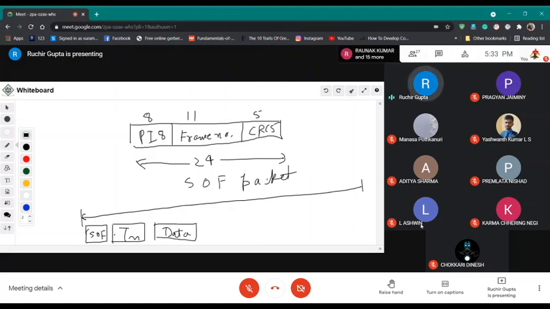Then there will be a token, and then there will be data. At the end of this frame, again there will be a start of frame. It will keep on going like this. This way, isochronous transfer happens. Any confusion about it?